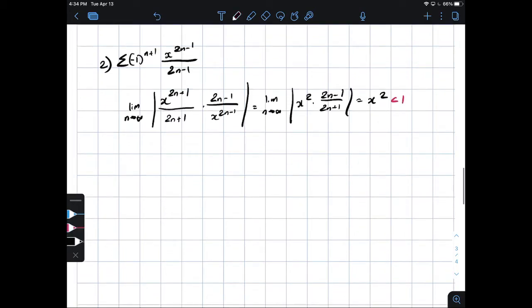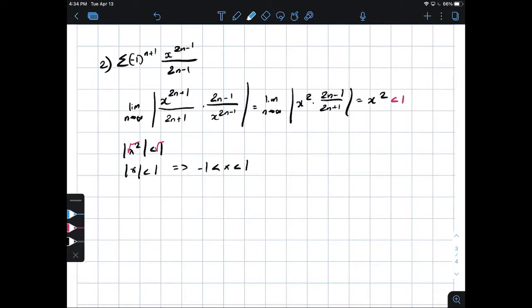So we're going to say that the absolute value of x squared is less than 1. And then we're going to take the square root of this. And of course, the square root of 1 is just 1. So the absolute value of x is less than 1, which means that our interval of convergence is -1 is less than x, which is less than 1.